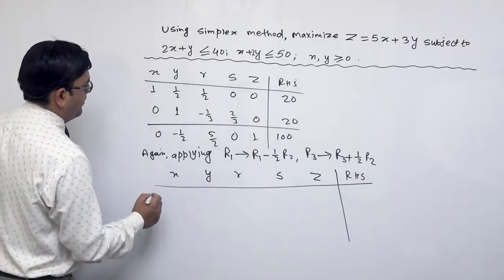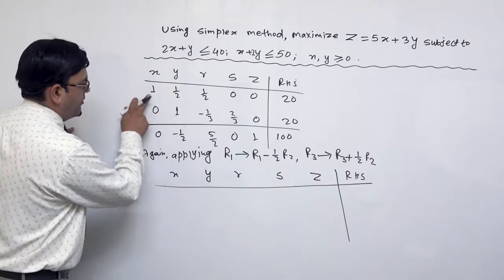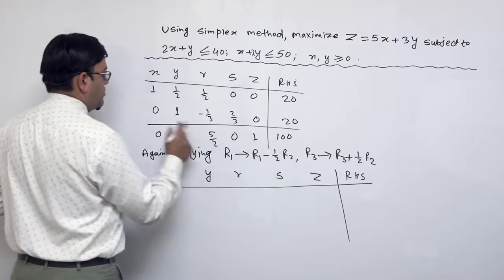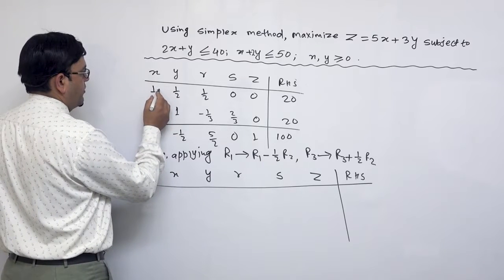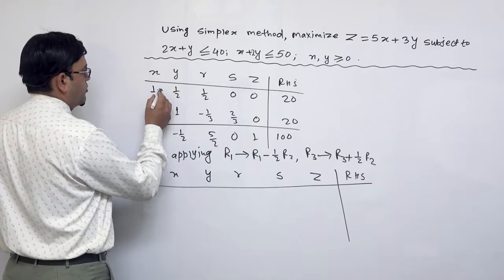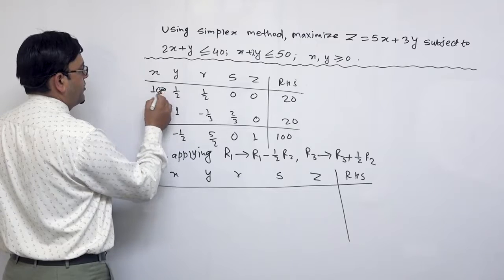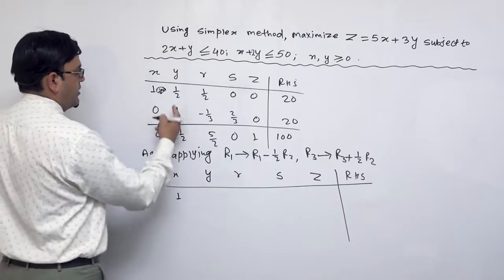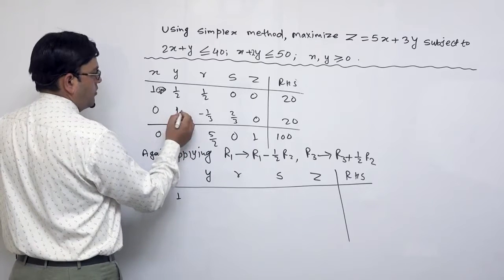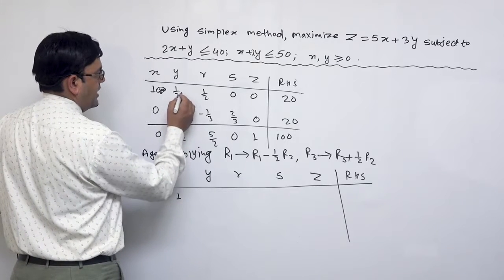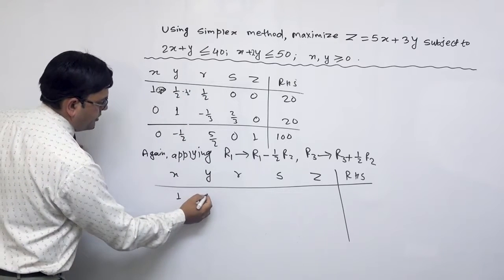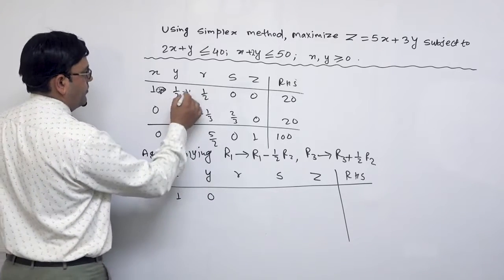Now let's look at the first entry. It is 1, and we have R1 minus 1/2 R2. R2 is 0 here, 1/2 times 0 is 0, so 1 minus 0 is 1, the same. Next, 1/2 minus 1/2 times R2, which is 1, so 1/2 minus 1/2 is 0.